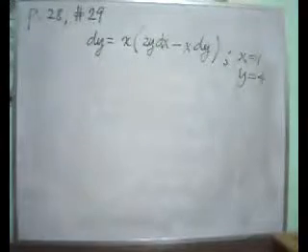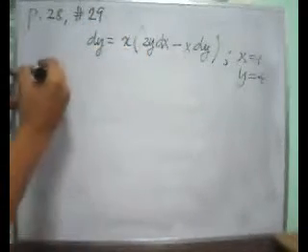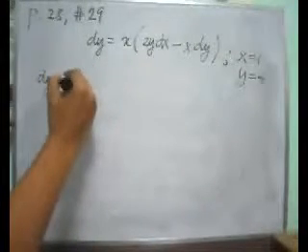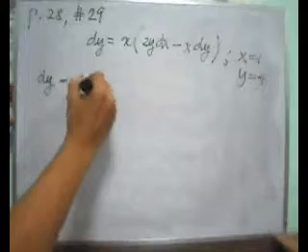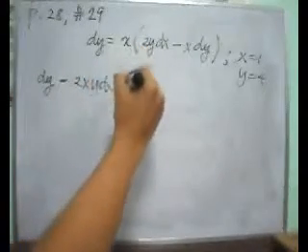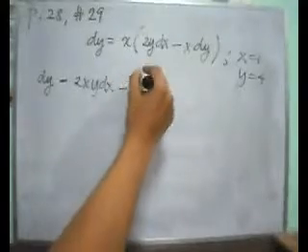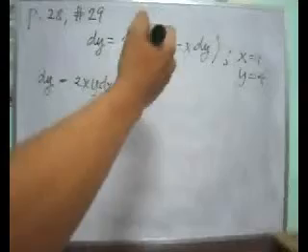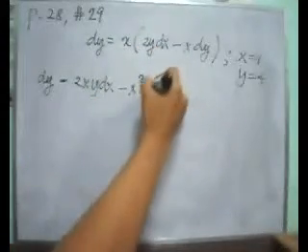Okay, so we have here dy equals 2xy dx minus x squared dy.